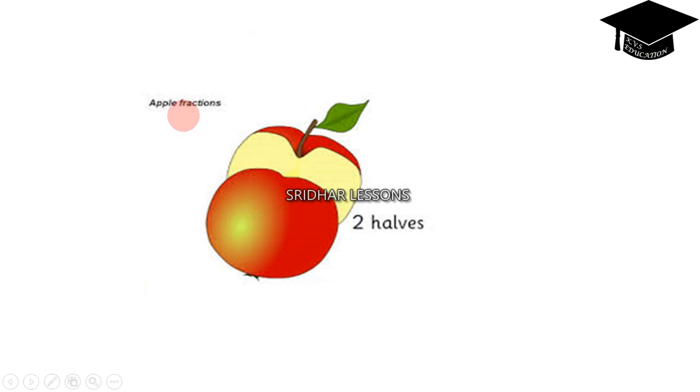See, we will generalize with examples. This apple is cut into two parts. This is called two halves. Fraction of an apple.